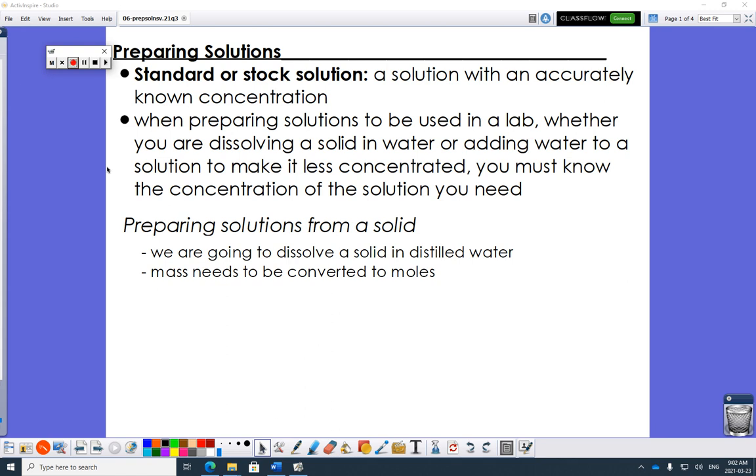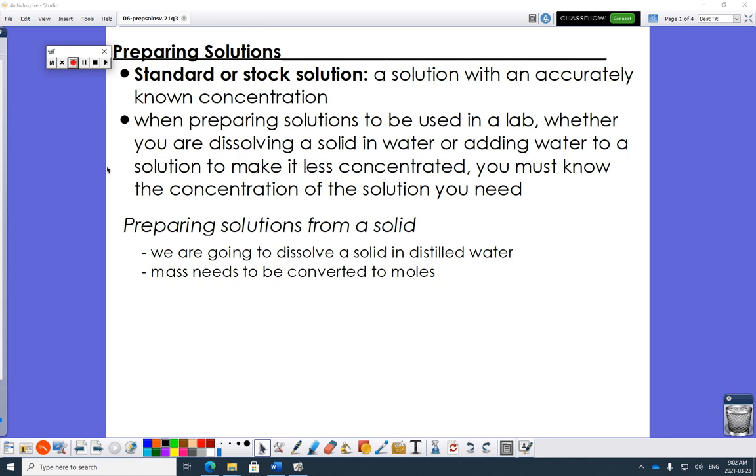So a standard or stock solution is a solution with an accurately known concentration. When we get to acids and bases, we'll look at a lab procedure where you can really accurately measure volumes added to another solution and use that to figure out your unknown concentration. So this is more like preparing a standard or stock solution that you know the concentration of.